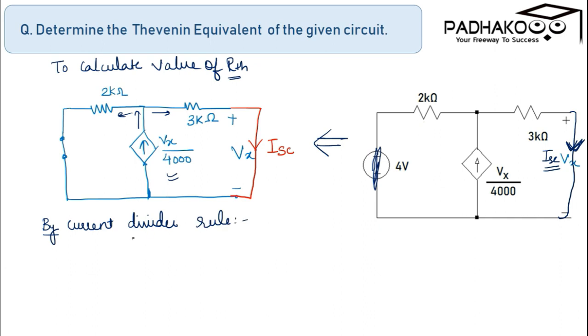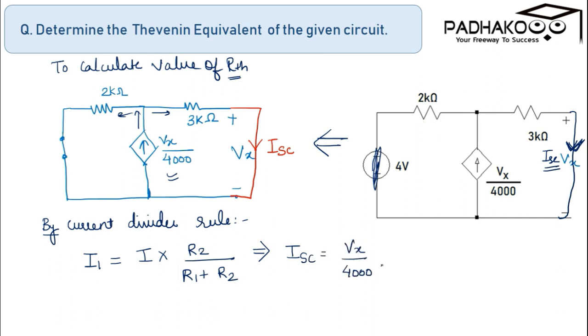The current divider rule states that the current to be determined in a particular branch is equal to the total current into the resistance of the opposite branch divided by the sum of the total resistances. So ISC is equal to Vx over 4000, which is the total current, multiplied by 2 kilo ohm, the resistance of the opposite branch, upon 2 kilo ohm plus 3 kilo ohm.